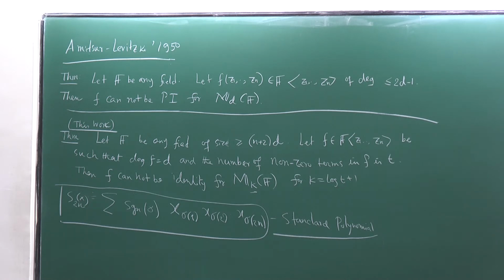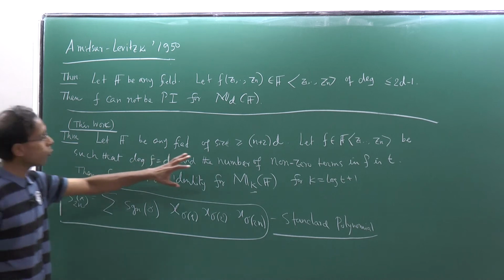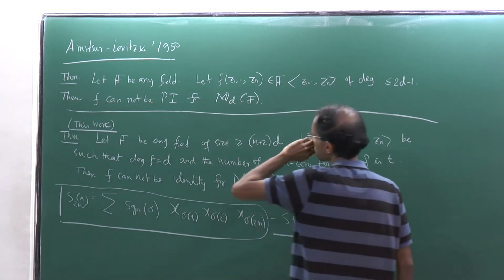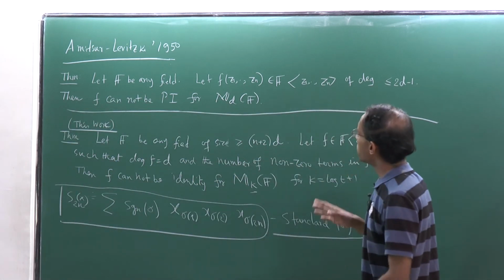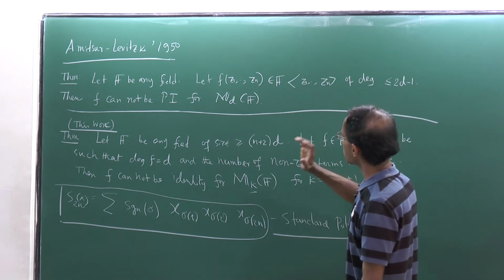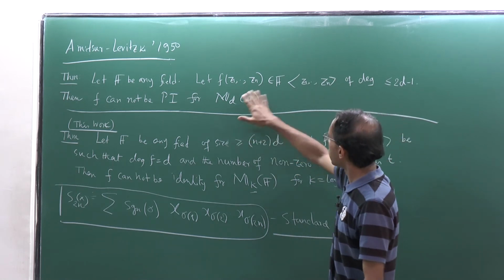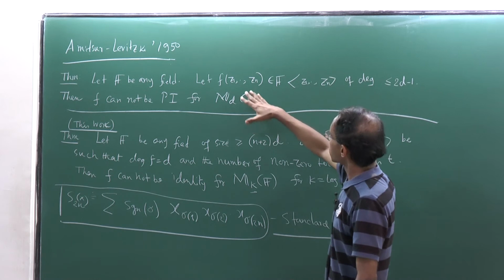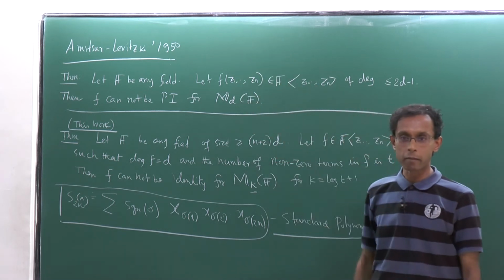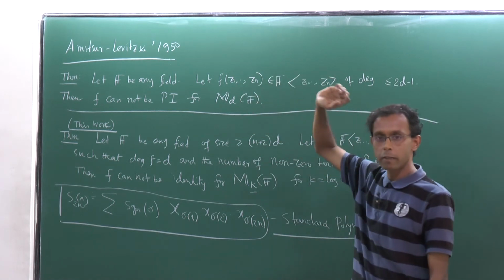To see what it brings, let's take the following situation where the degree of the polynomial is exponential in the number of variables in the theorem of Amitzur and Levitzki.